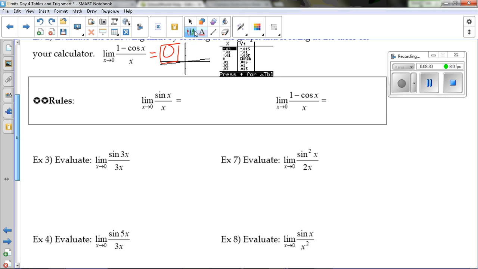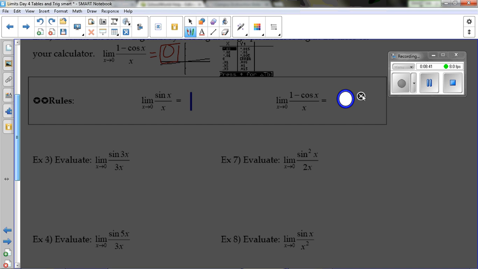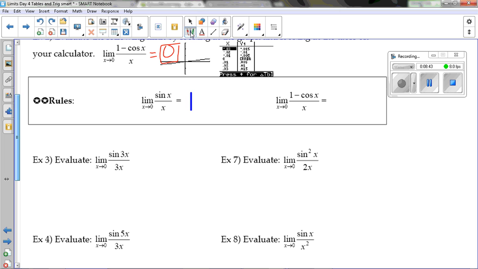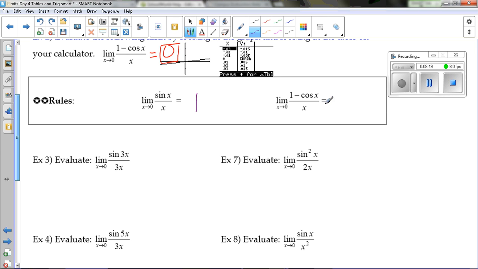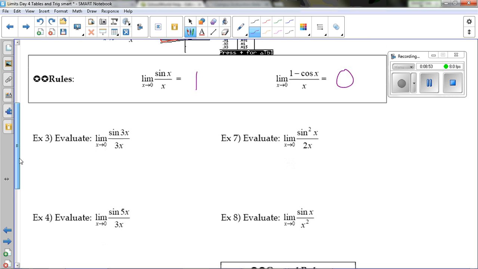Therefore, our rule is the limit of sine x over x is actually equal to 1, and the limit of 1 minus cosine x over x is actually equal to 0. So this is 1, this is 0. Sorry for the little computer snafu there.